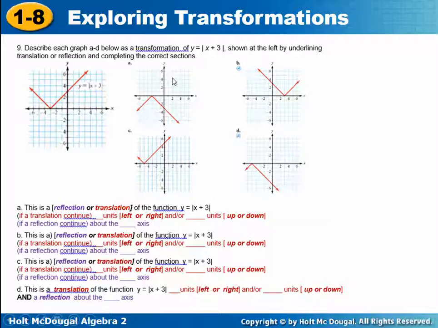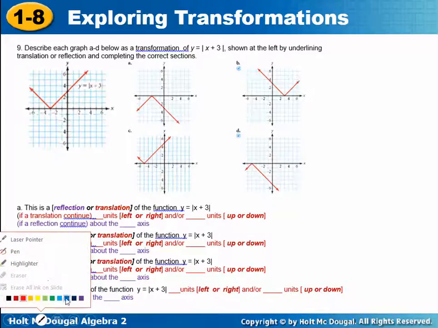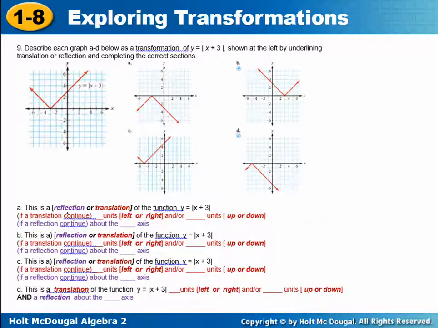So for A, it has been flipped over. You can tell that it hasn't just been moved. It wouldn't open downward then. So it must be a reflection. So on your worksheet, you can highlight or you can underline or you can turn this one a different color. Or you can delete the translation, but it's going to be a reflection.